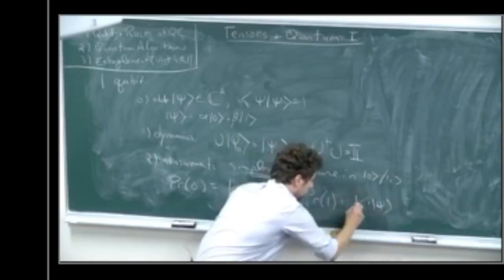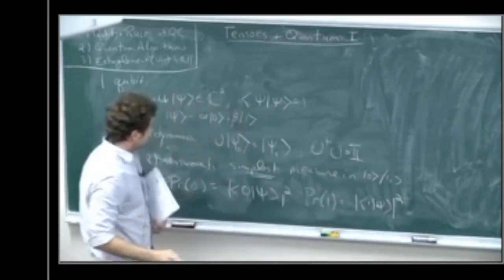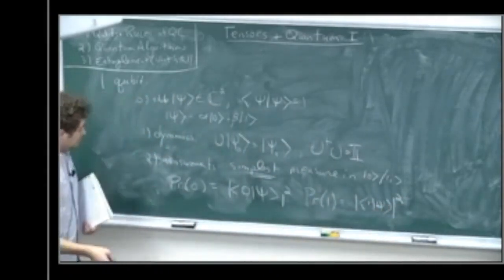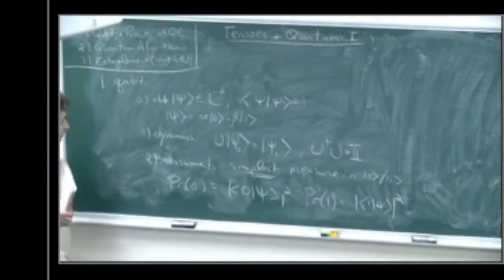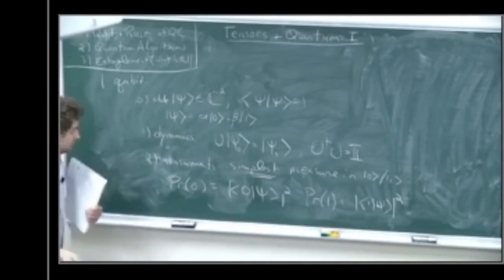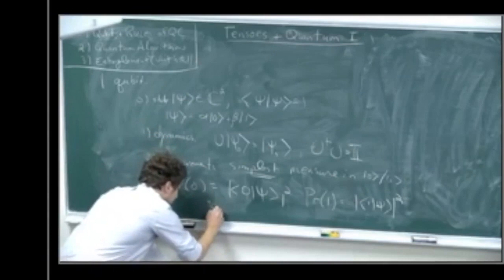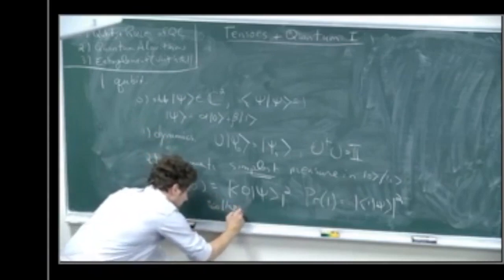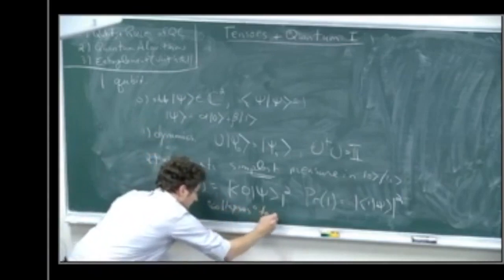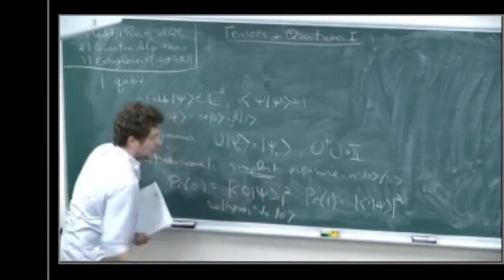And after you do the measurement, it resets the state of your qubit. We say it collapses to 0 in this case, or 1 in that case. Okay.